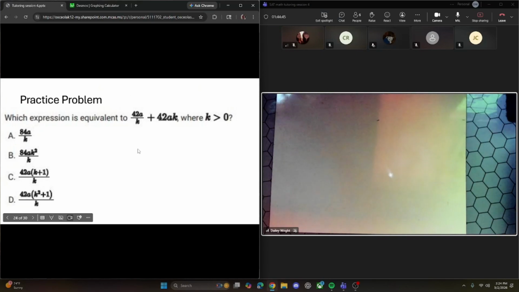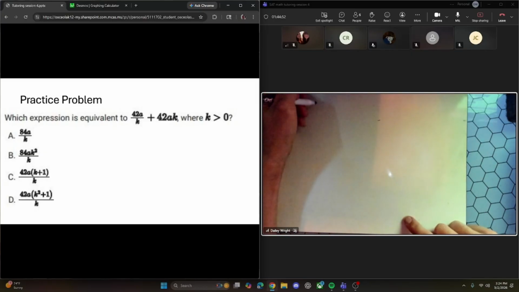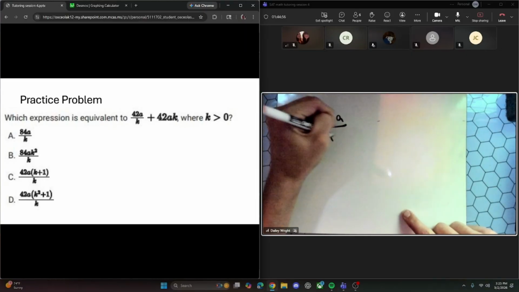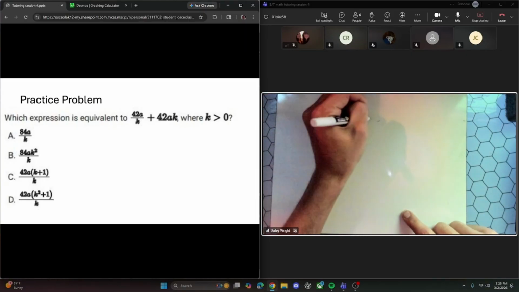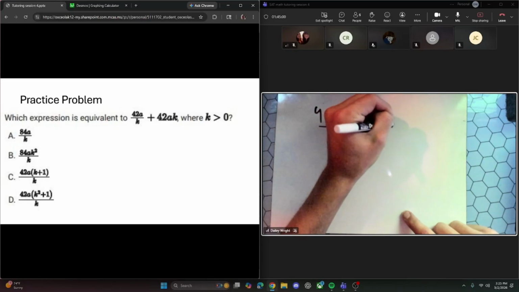Which expression is equivalent to 42a over k plus 42ak, where k is greater than 0? So let's write this out. 42a over k plus 42ak.